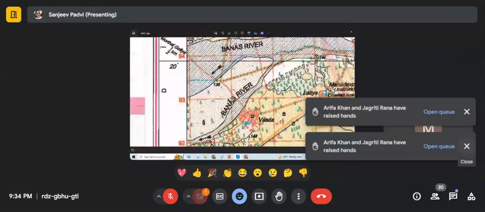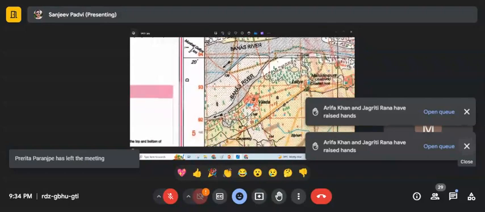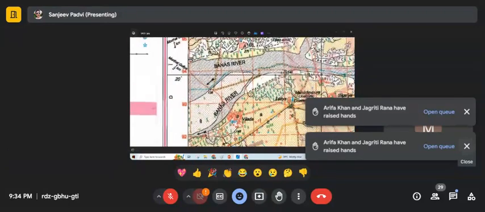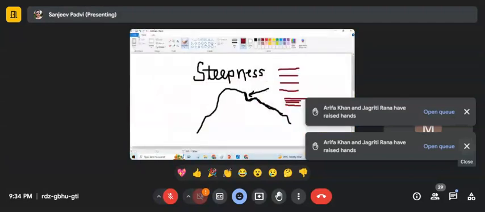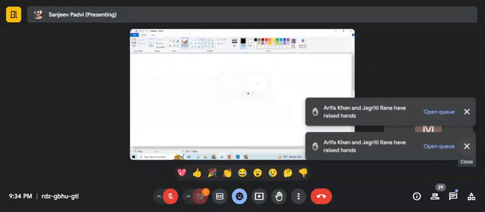What is this, beta? Banas River. So inside Banas River, do you see the blue line? Yes, sir. If the blue line is inside the river, it is called a water channel. What do we call it? Water channel. So this is a river.